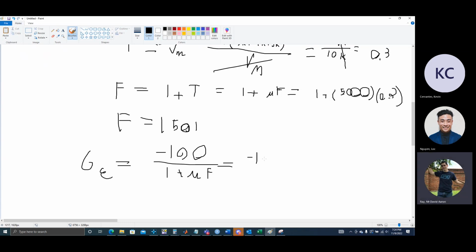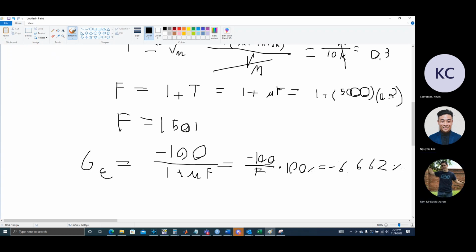So it's going to be negative 100 over F. This is also going to be times 100%. Which is going to equal, let's see, negative 100 over 1,501. So 100 divided by 1,501 is going to be 0.0666. So it's going to be negative 6.662%.